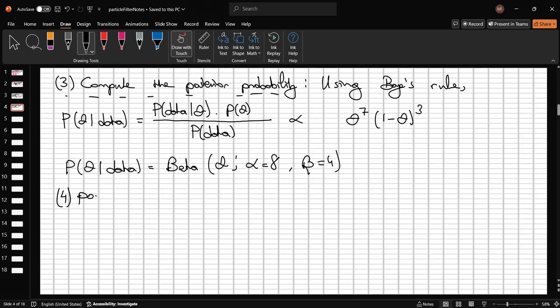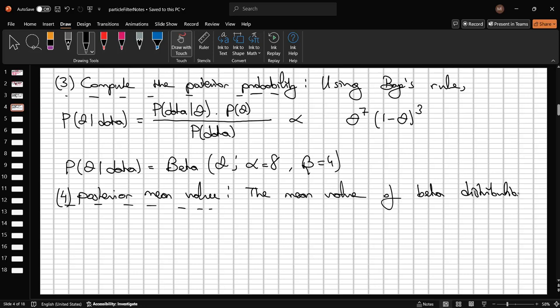After that, we need to turn to the posterior mean value, which is the mean value of the beta distribution and directly represents our chance of getting 7 heads and 3 tails.